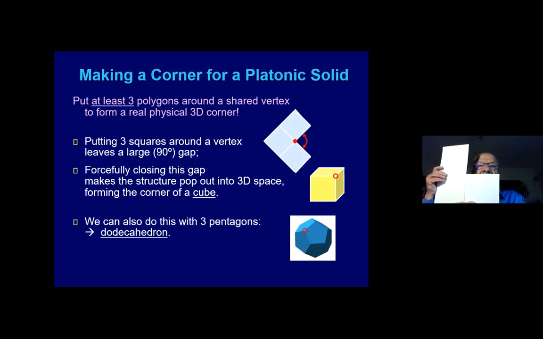When we then put 3 squares around a shared vertex, then there's still a large open gap. Now, if we forcefully close this gap, then the structure pops out in 3 dimensions, and it forms a true cube corner. And 8 of these corners then form the complete cube.